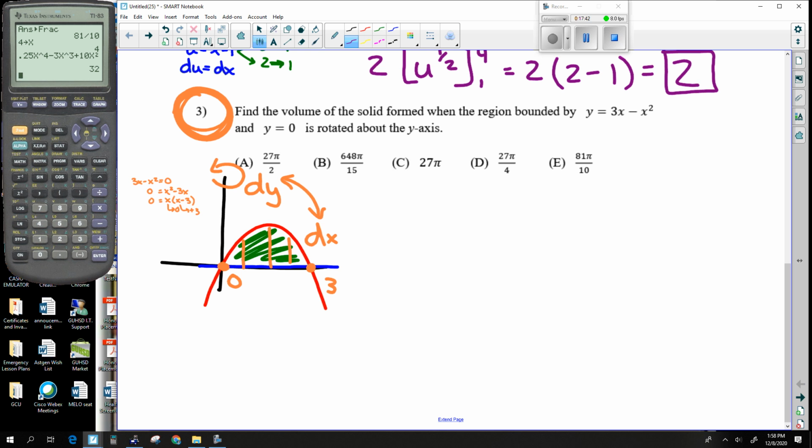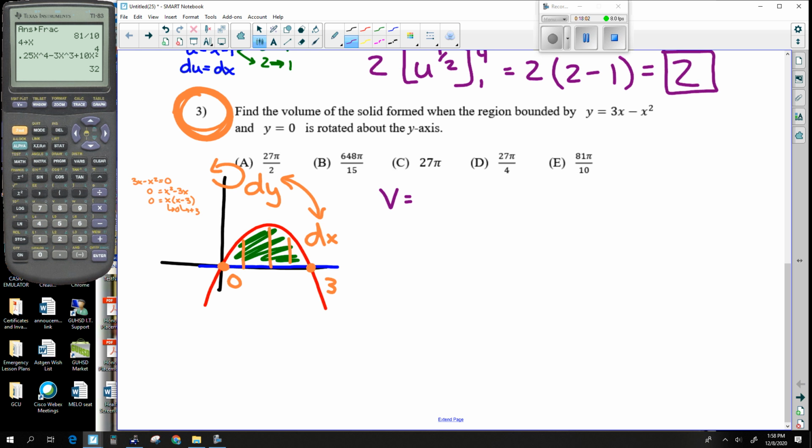Okay, because these things don't match, I have to use the 2 pi integral x f of x kind of method, right? Or y dy. But in this case, I'm integrating up and down, so yes, it is dx. All right, so here we go.